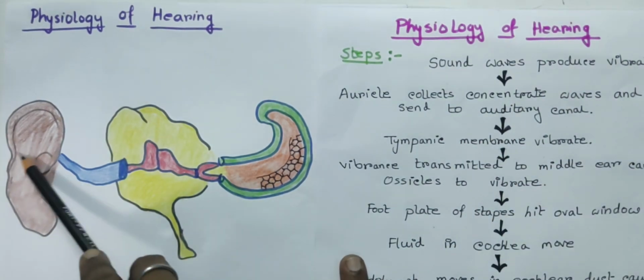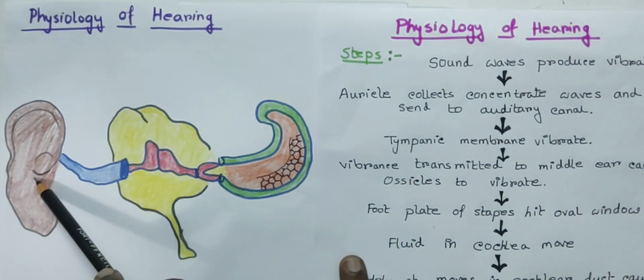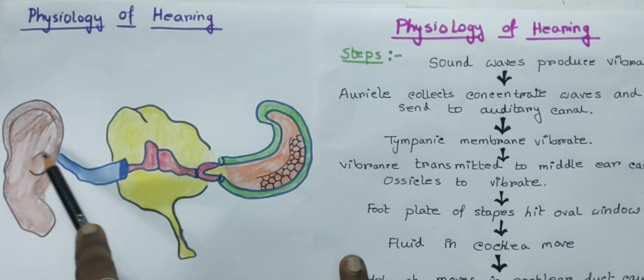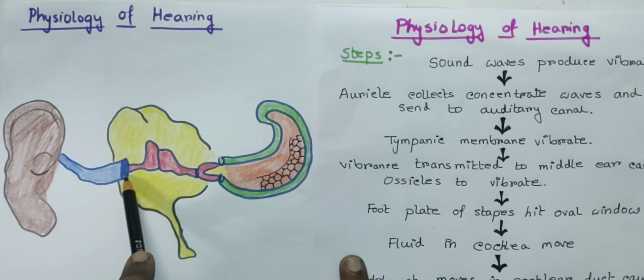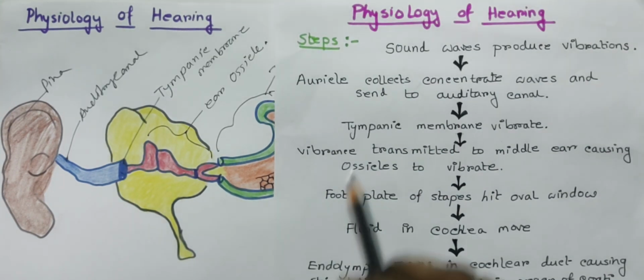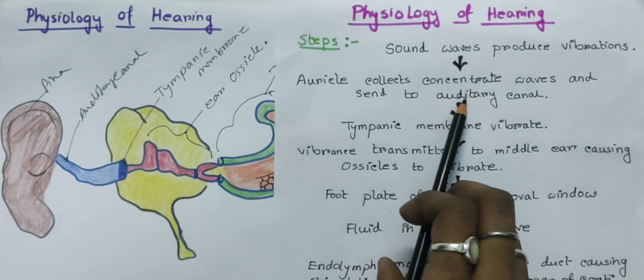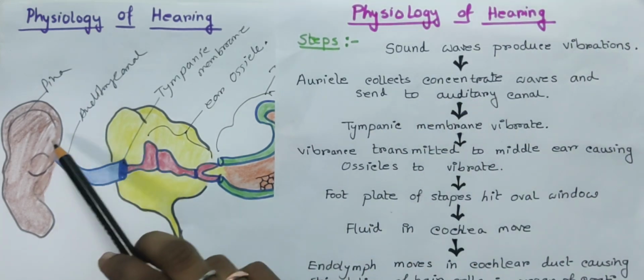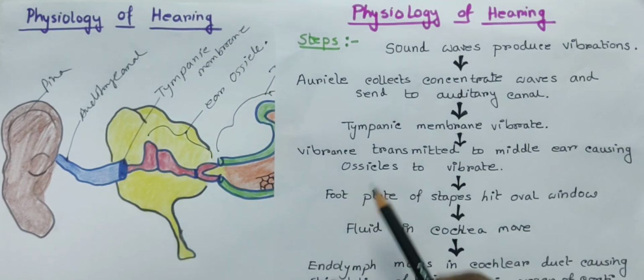First sound comes to the external ear, to the pinna, the auricle, that receives the sound waves, and those waves are transmitted through the auditory canal and hit the tympanic membrane. This is the tympanic membrane. The auricle collects the concentrated wave and sends it to the auditory canal.